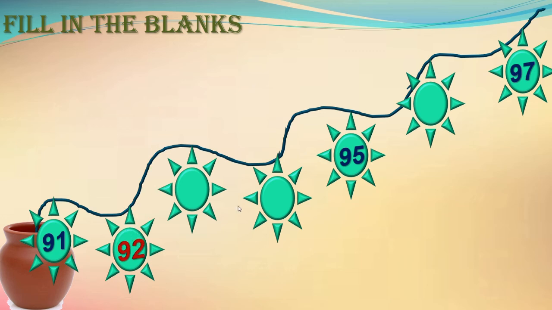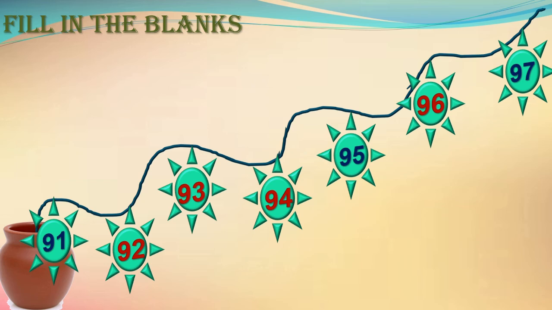Nice. Then comes 93. Then our number will be 94. 95 is already given. Then nice, 96. 97 is given. Claps for you.